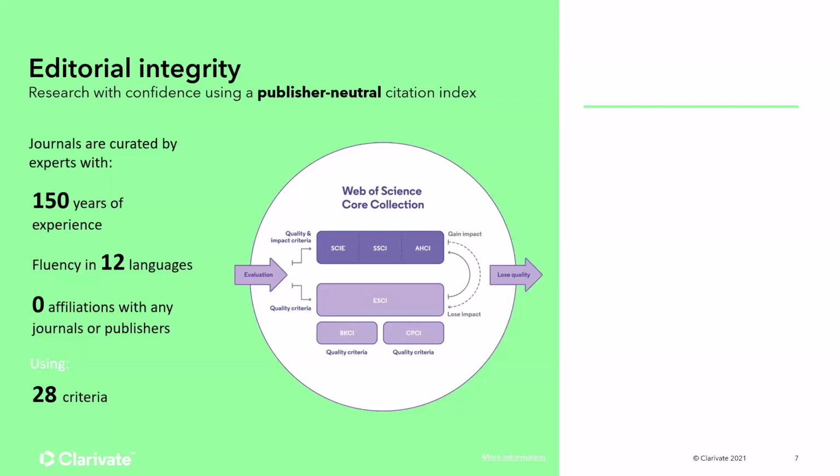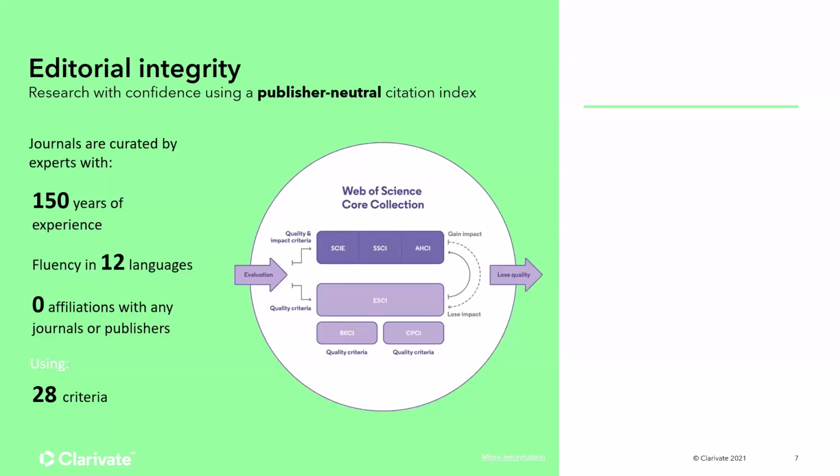So complete neutrality. We select sources based on certain criteria, and with regards to the journals, we use a set of 28 criteria. The Web of Science core collection individual databases are engineered, should we say, based on the selection.